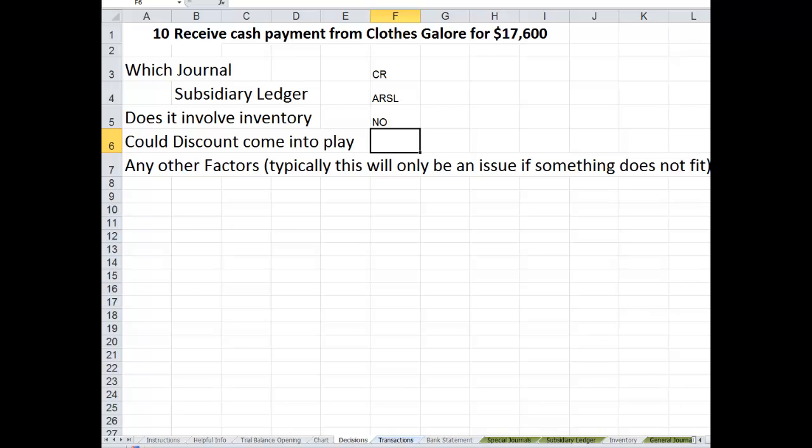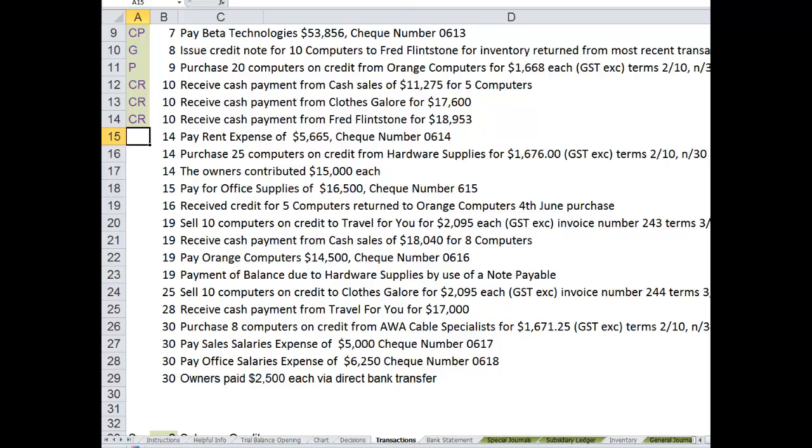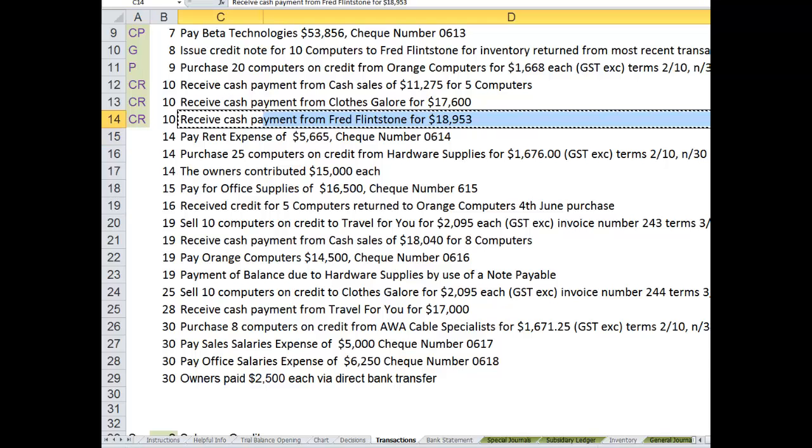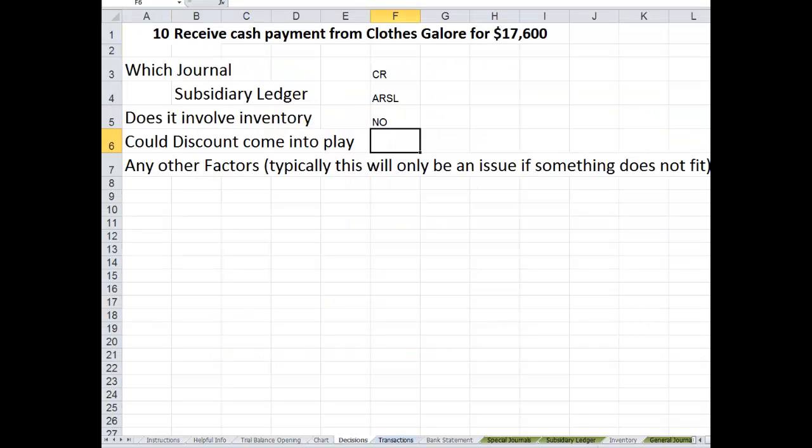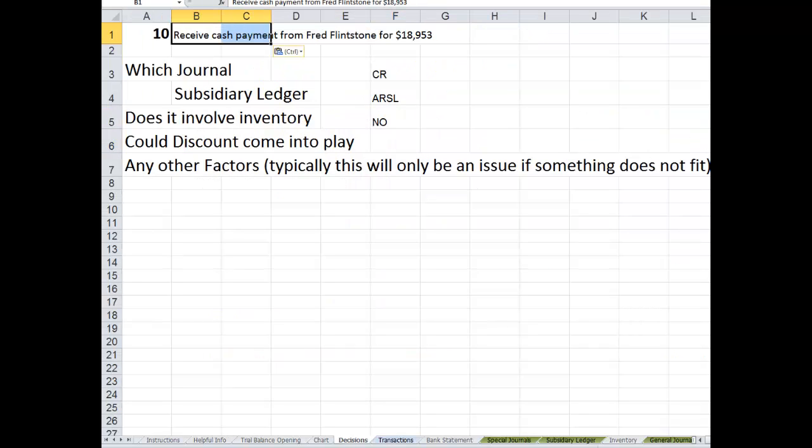Let me just copy the transaction across now that we're looking at. Receive cash payment from Fred Flintstone. So we might have to look at a few things here and have a working paper. So, and I'll transfer this working paper to the back. Working paper. Actually, let me just call it Fred Flintstone 10 June payment.